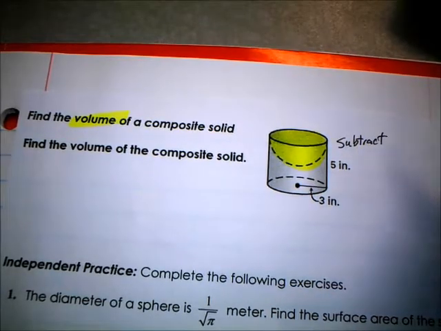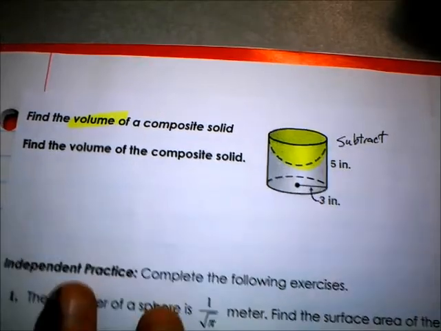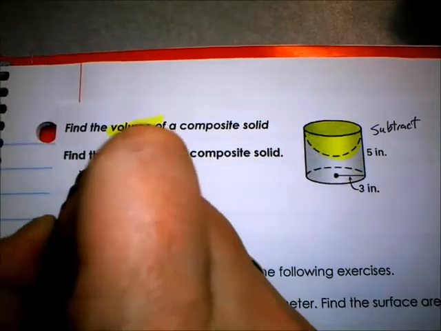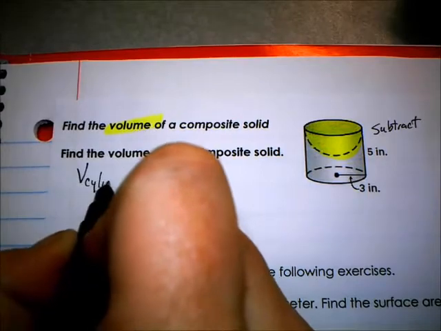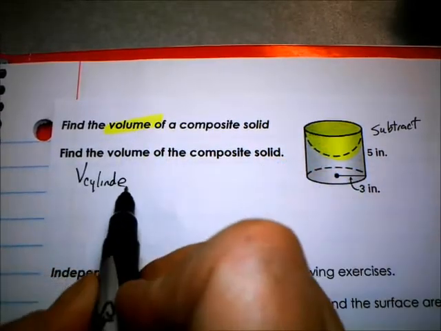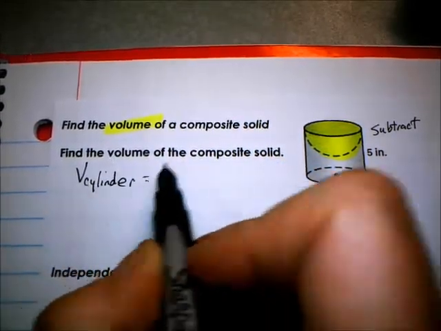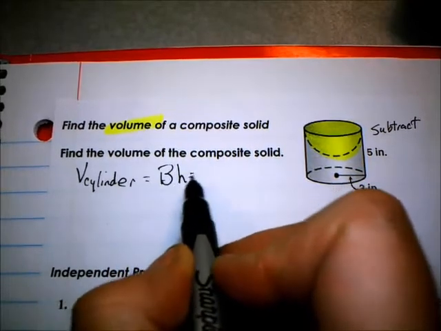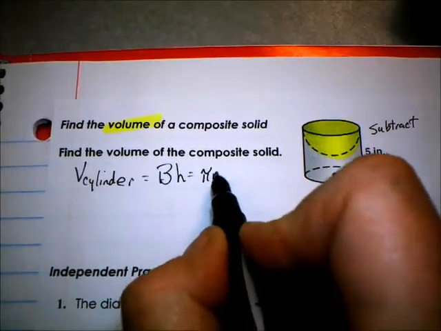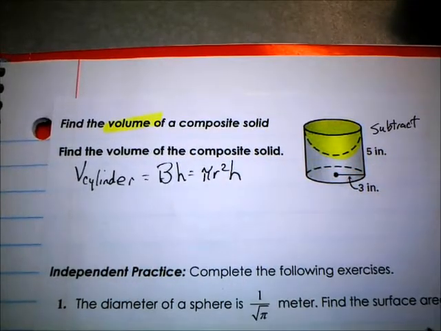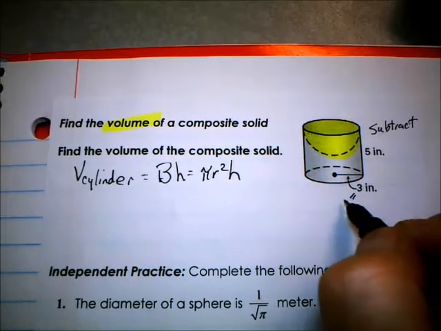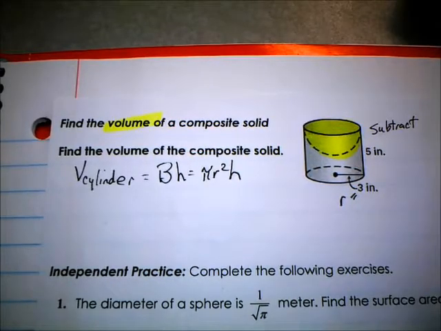So if I deal with the cylinder first, I want to find the volume of the cylinder. That was capital B times h, which is the same thing as pi r squared h. Here the radius is 3, and the height is 5.